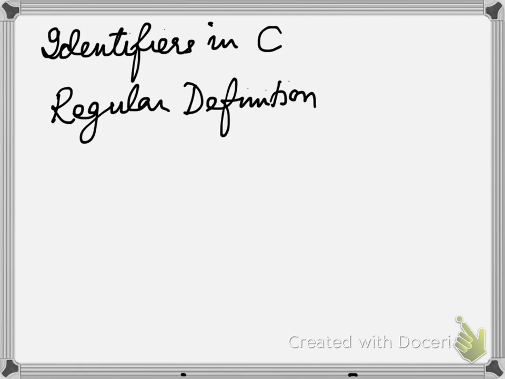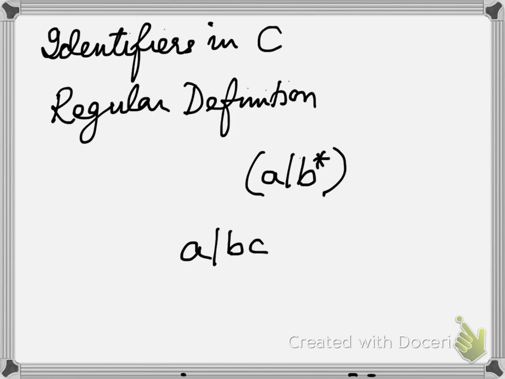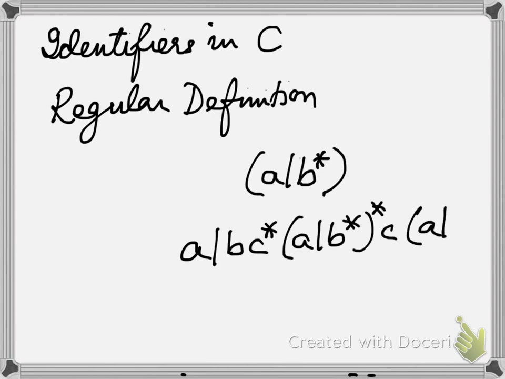Like say for example, suppose I want to write (A or B) star. I want to repeat this several times inside another regular expression, say (A or B) star, C, then again (A or B) star. So I may have something like this.